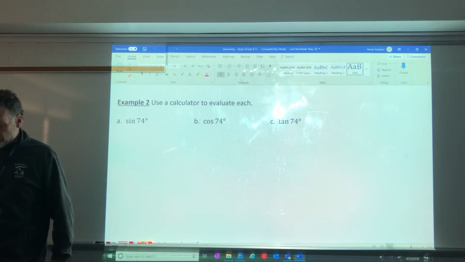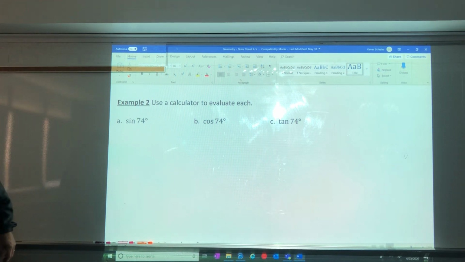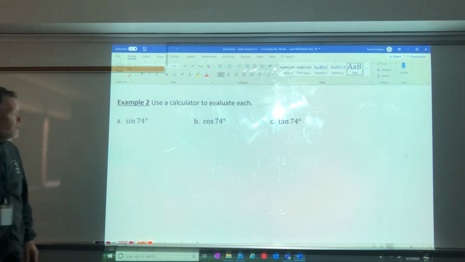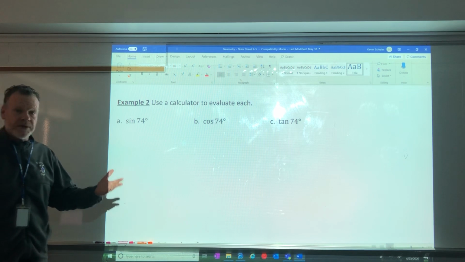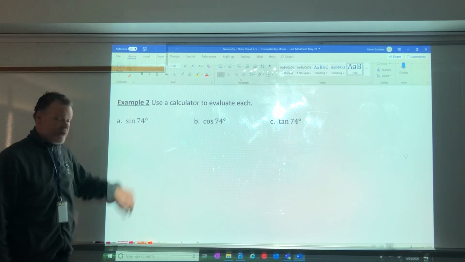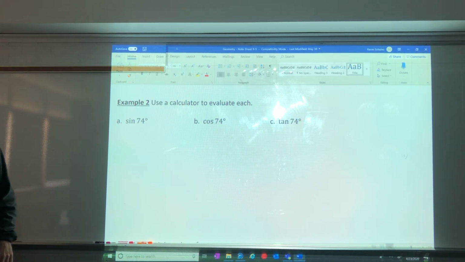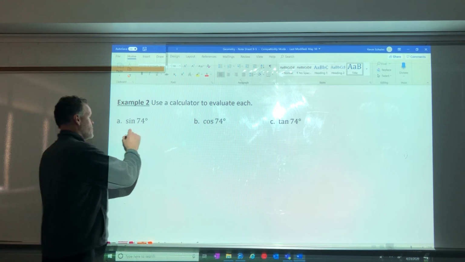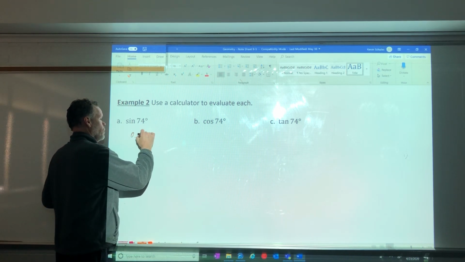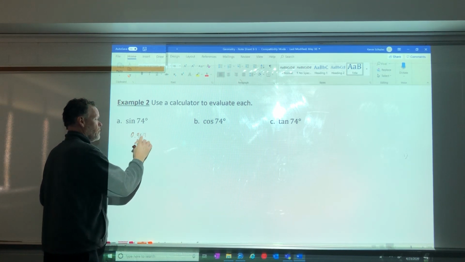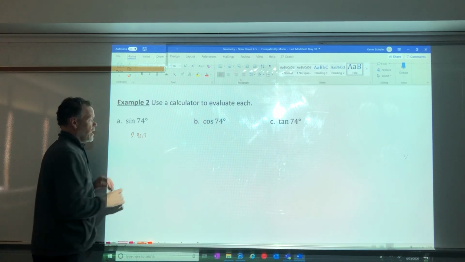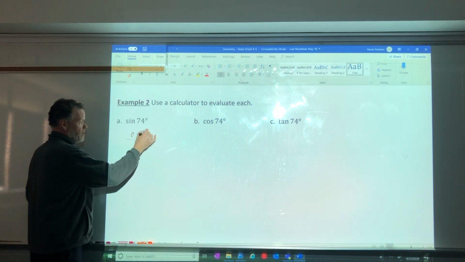The first one that we're going to have is sine of 74 degrees. So we type in sine, and then we put 74, and then you're going to end up getting 0.9613 for your sine of 74 degrees.